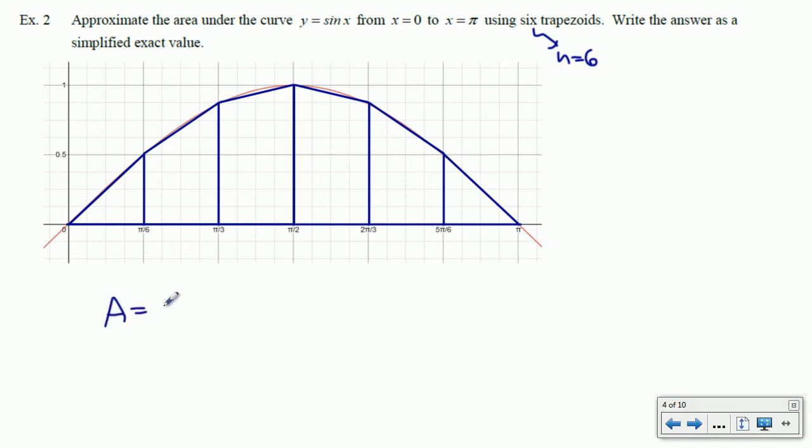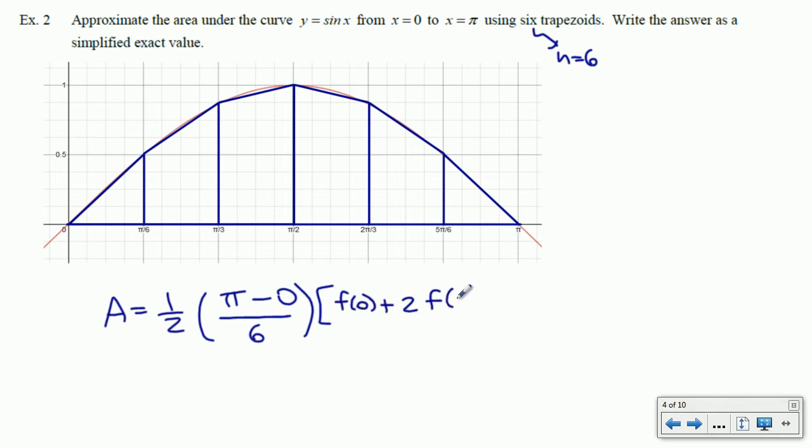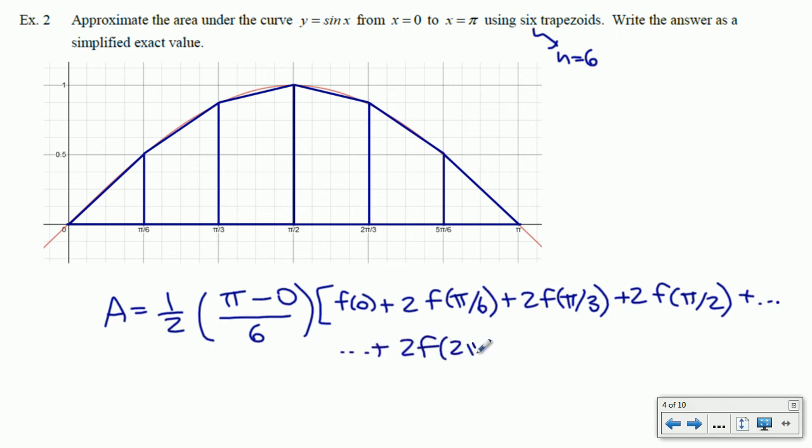So we will have a equals 1/2 b minus a, b is pi, a is 0, divided by n, which is 6, and then we're going to go f at 0 plus 2 f at pi over 6 plus 2 f at pi over 3 plus 2 f at pi over 2 plus 2 f at 2 pi over 3 plus 2 f at 5 pi over 6 plus f at pi.